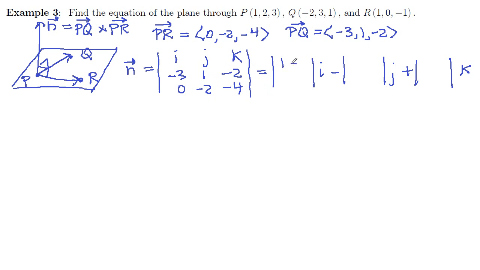So that's 1, negative 2, negative 2, negative 4. Take out row and column for j, negative 3, negative 2, 0, negative 4. Take row and column for k out, negative 3, 1, 0, negative 2.